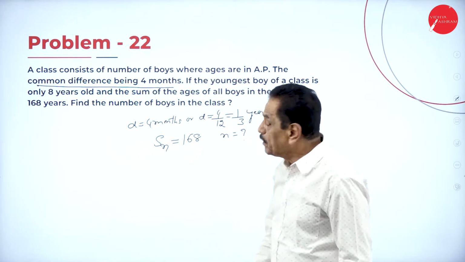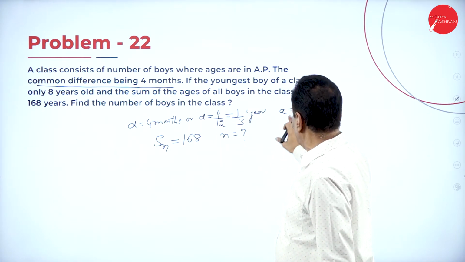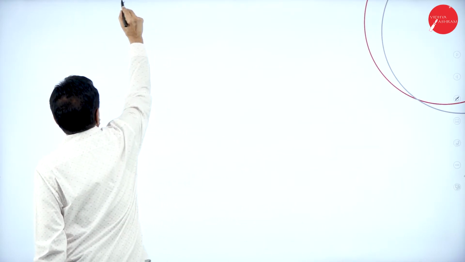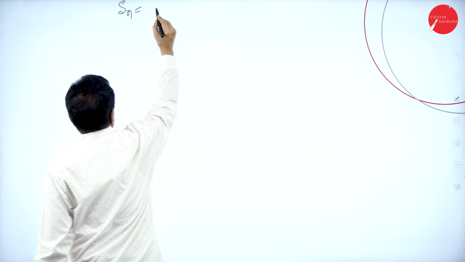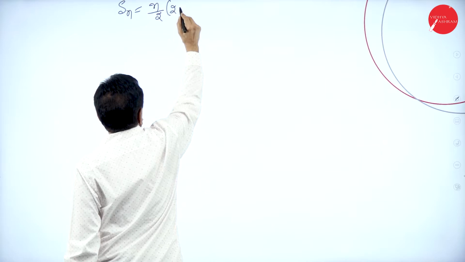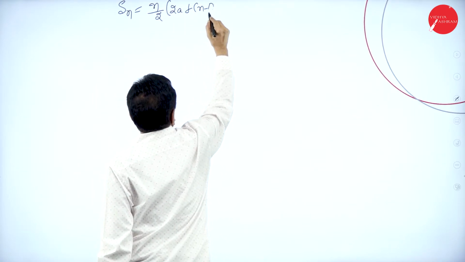Question. So how many months are given? 4 months are given, that is 1 by 3. A is 8, Sn is 168. Slowly we can apply the formula. Summation Sn is equal to n by 2 into 2a plus n minus 1 d.